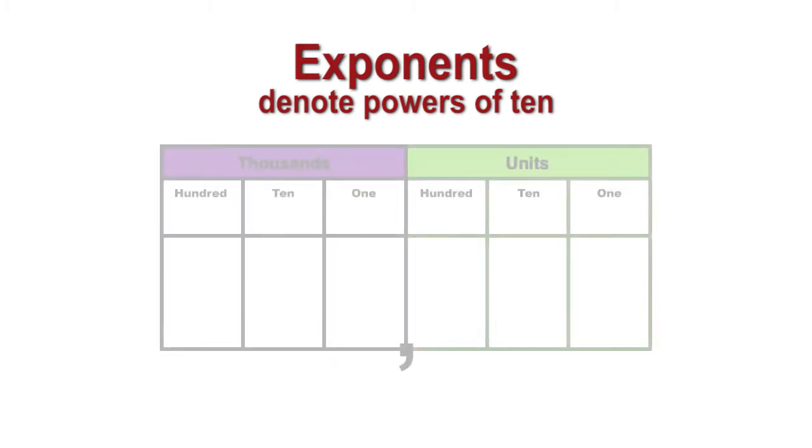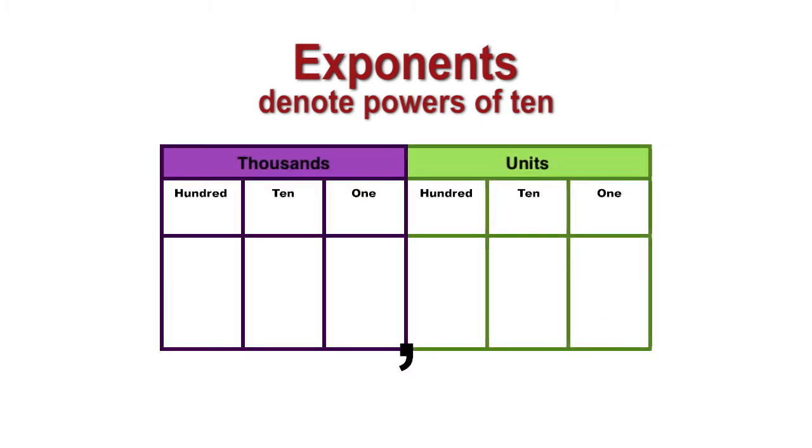A new concept for 5th grade is that students use whole number exponents to denote powers of 10. Students take the understanding that multiplying by 10 moves every digit one place to the left and apply it to multiplying powers of 10.